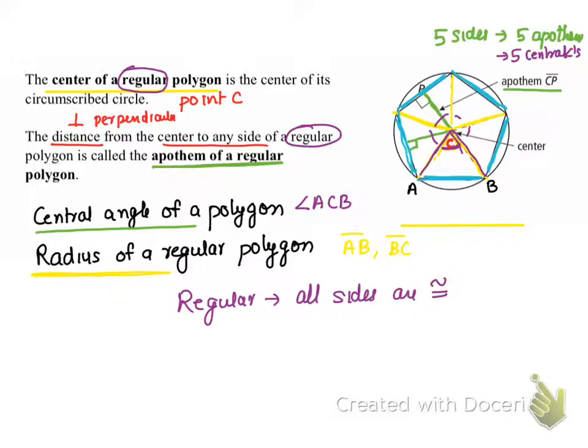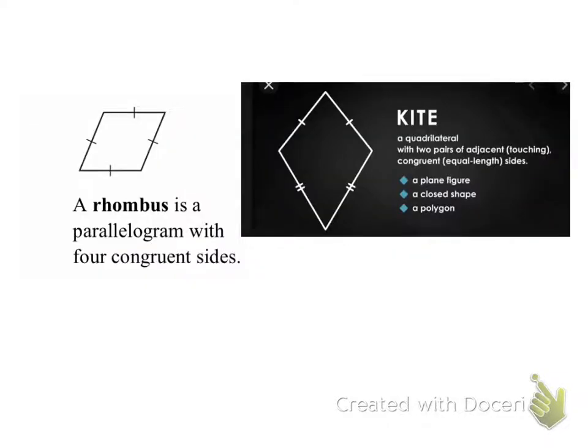Let's move to the formula. Before that, I added more information that we're going to learn on the next page: the area of rhombus and kite. Let's recall, we did that in our previous chapters. Rhombus is a parallelogram. It will have all the properties of a parallelogram.